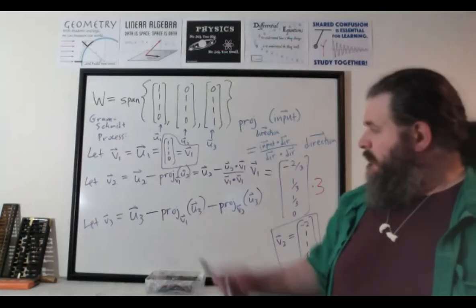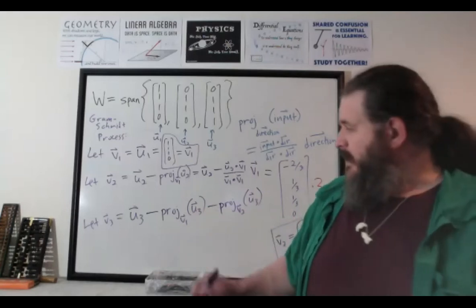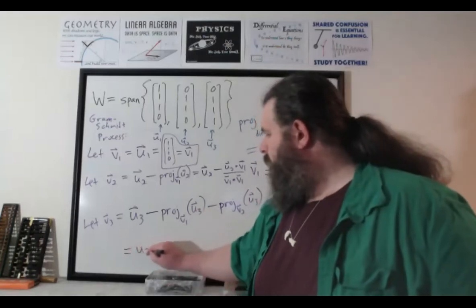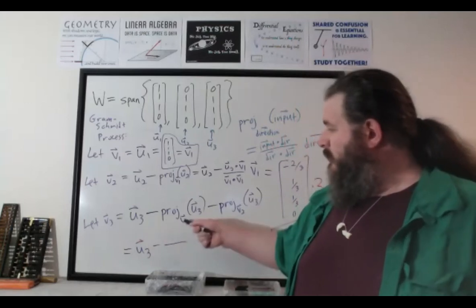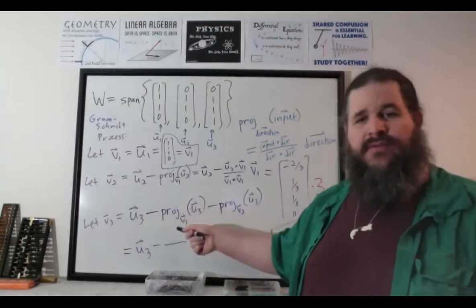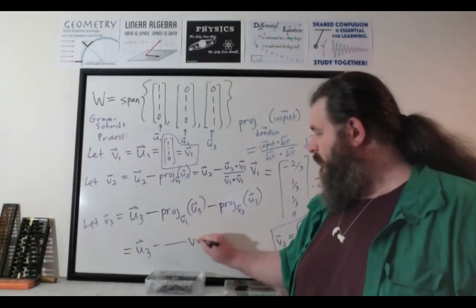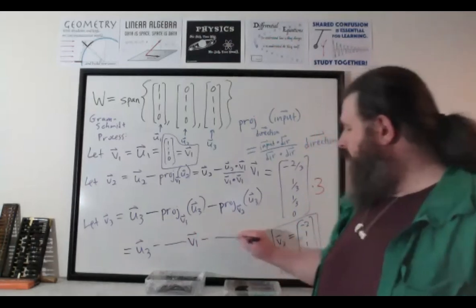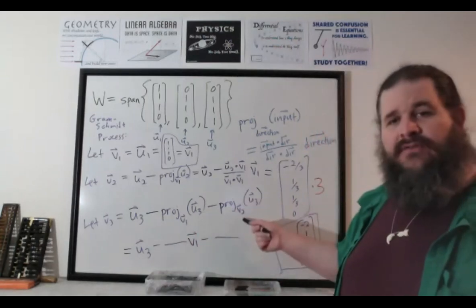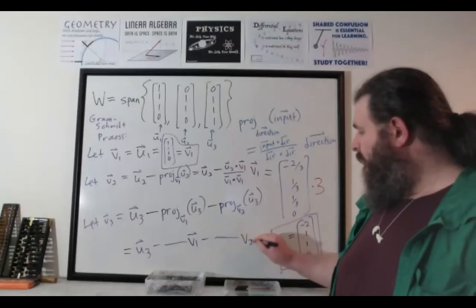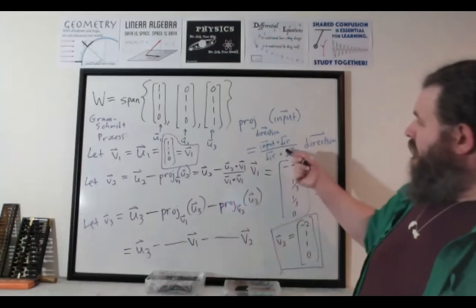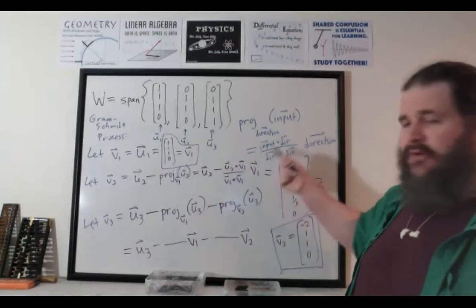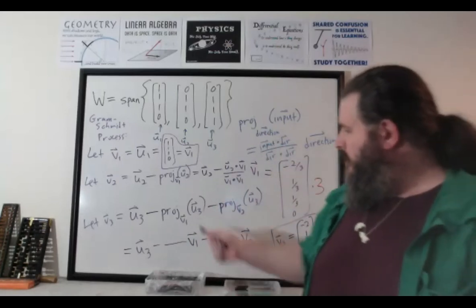So we can fill in both of those projections with the usual dot product formula. For this one, we want a projection that's in the direction of V1, so it'll be some fraction times V1. And then the other one, we want a projection that's in the direction of V2, so we'll have some fraction times V2. And then the fractions are going to be the same format of input dot direction over direction dot itself.